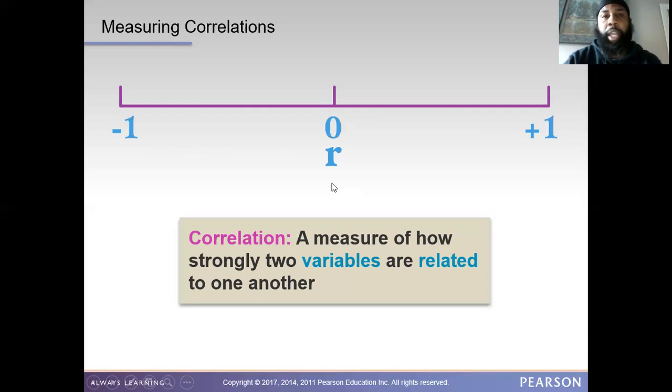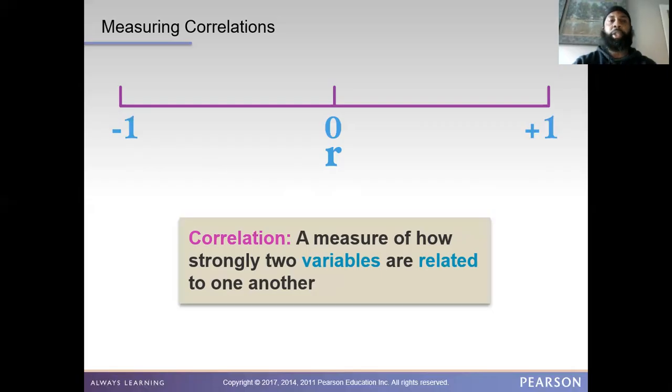Now, the coefficient R is how we define what a correlation is. If we have a correlation of 1, we would say R equals 1. If we have a correlation of -1, we would say R equals -1.